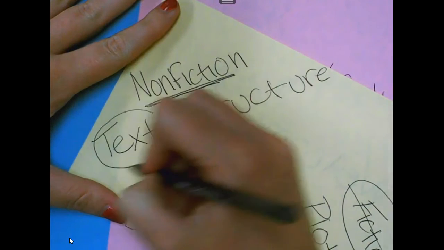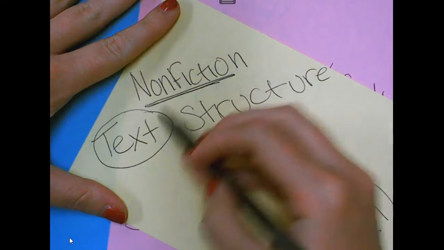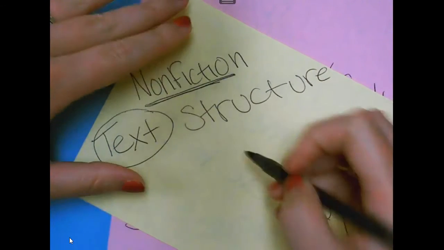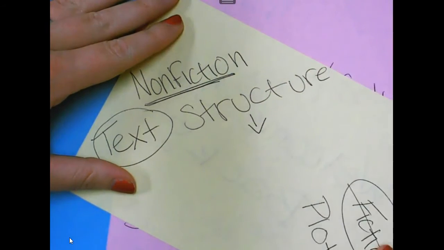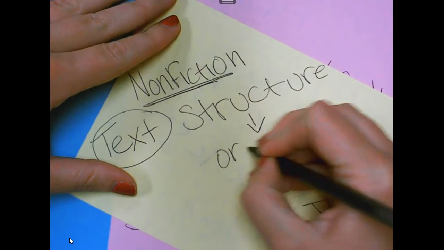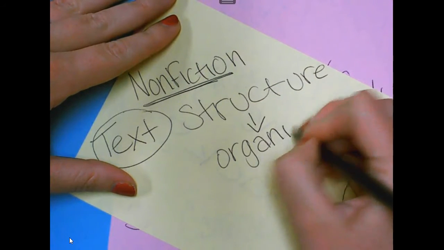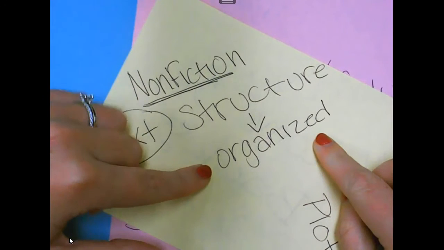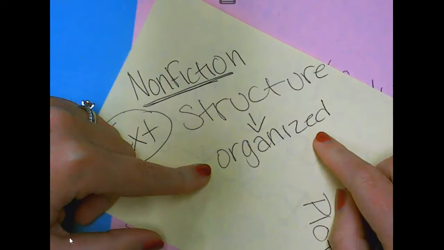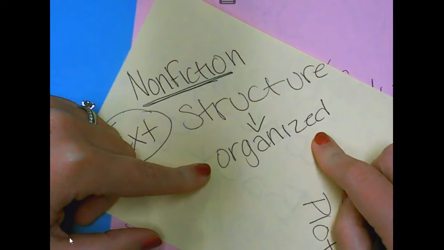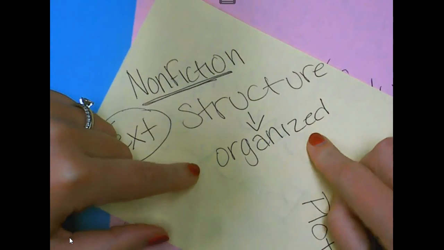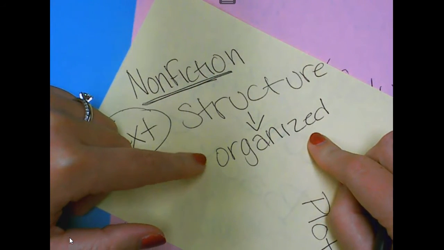So any kind of nonfiction text is organized in a very specific way. Structure means organized. Think about whenever you're writing a report or a reflection, you have to first brainstorm and then organize your writing.